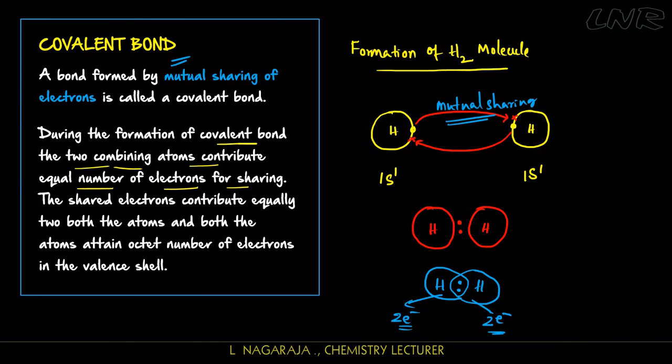An ionic bond is formed by the complete transfer of electrons from one atom to another atom, especially from metals to non-metals. But here there is no transfer of electrons, just mutual sharing of electrons between the two atoms. So a certain force of attraction is formed.